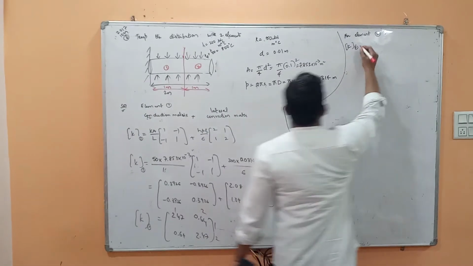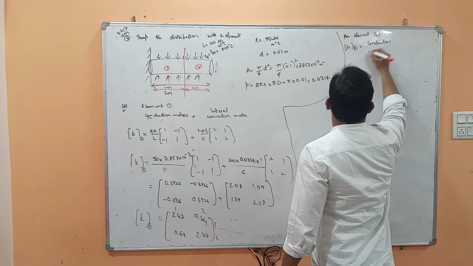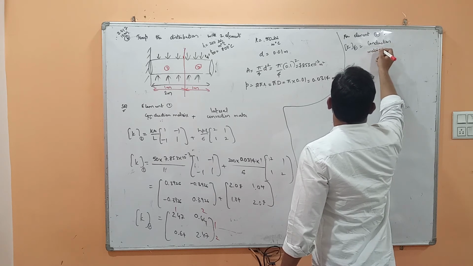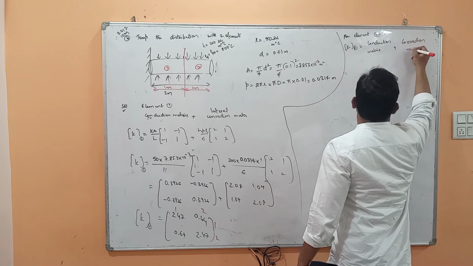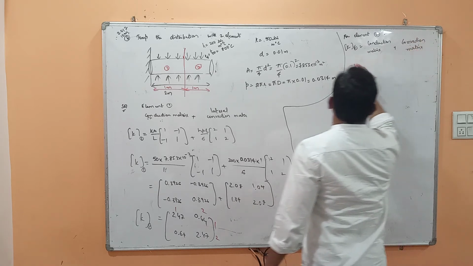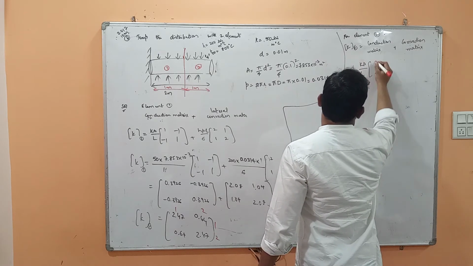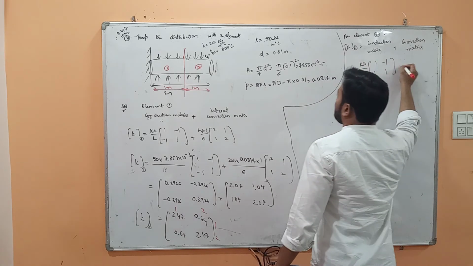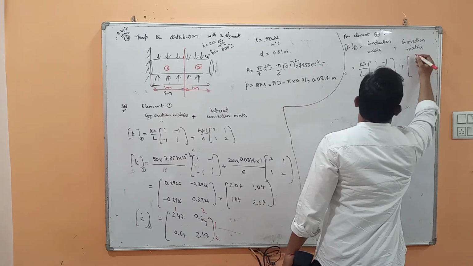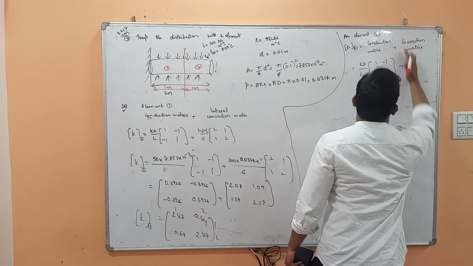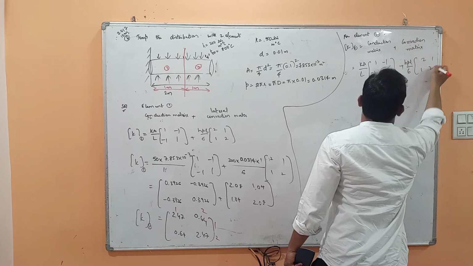K2 has conduction matrix again plus convection matrix. So the conduction matrix formula again will remain same, KA by L, 1 minus 1 minus 1 1, and convection matrix is HPL by 6, 2 1 1 2.